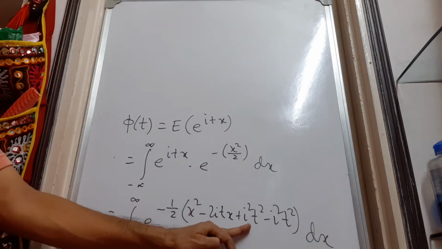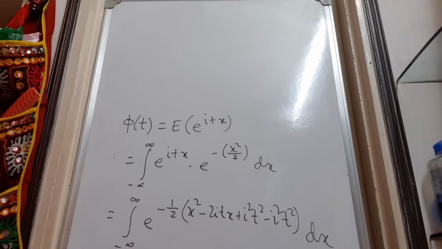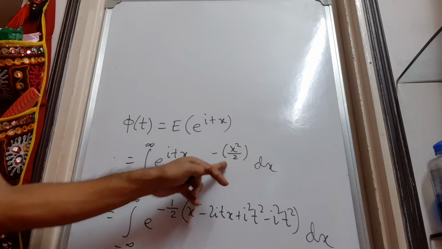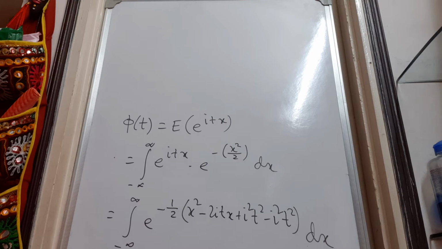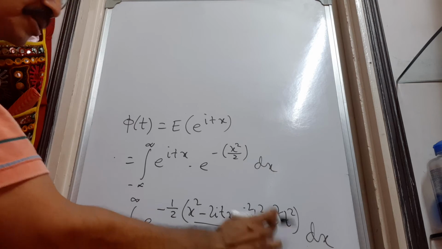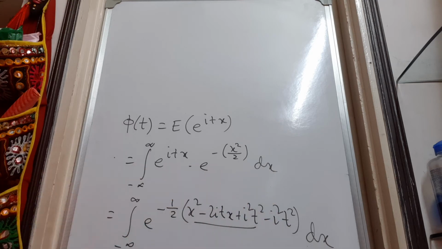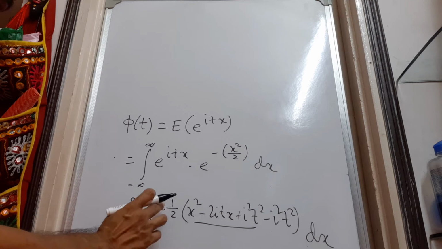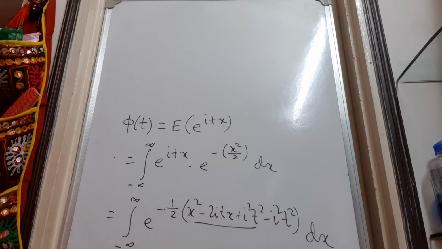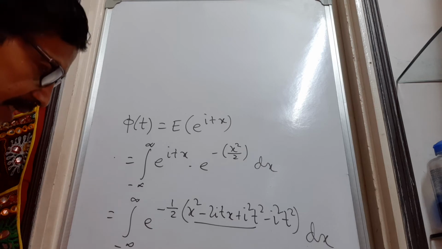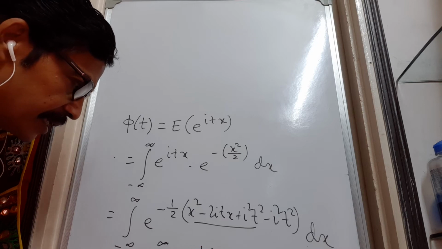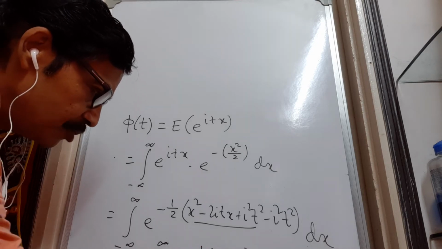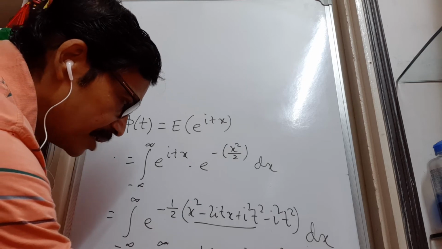We have added i square t square and subtracted i square t square. If we take minus half common from these two terms, we have x square minus 2 i t x, and these three terms make it x minus i t whole square, and i square is minus 1. So, this becomes plus t square by 2. When multiplied with minus half, this becomes minus t square by 2. So, if we write this, we have e to the power minus half x minus i t whole square into e to the power minus t square by 2 dx.